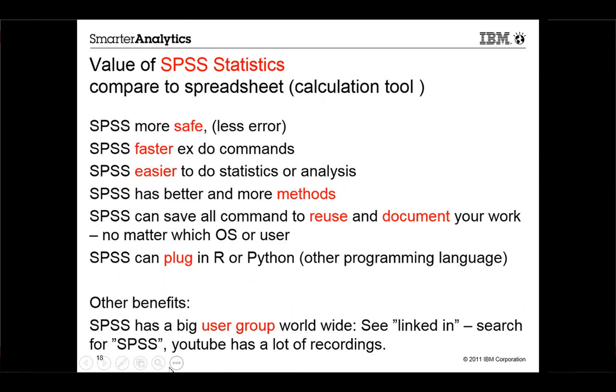It's easy to use, and you can get some help also on what kind of statistics or method you should use. SPSS has more methods and more sophisticated ones. You can save all the commands and reuse them in the future, and you can have some documentation at the same time. You can plug in different languages like R and Python that is very popular.